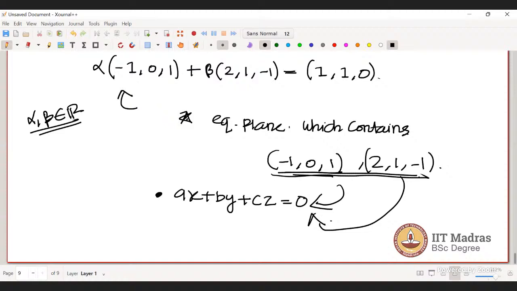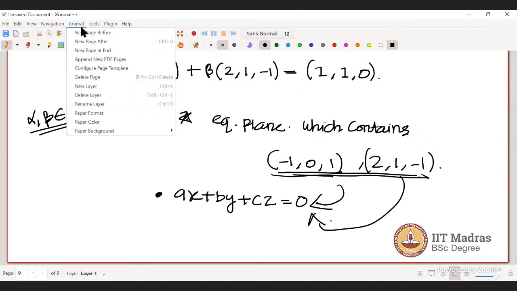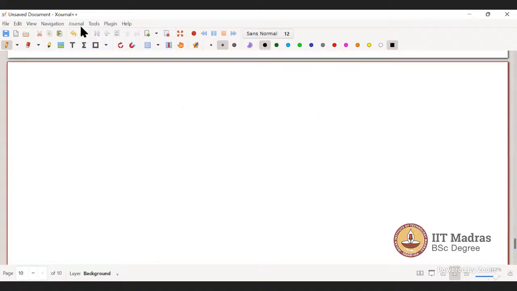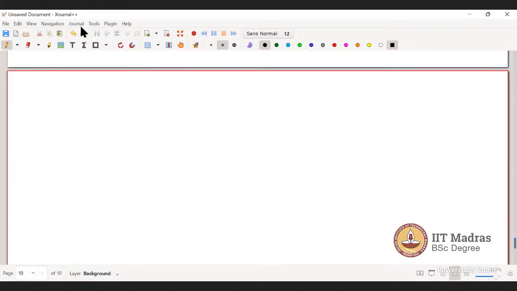Yes. Another way to find the equation of that plane is to find the normal vector n for that plane by taking the cross product of these two vectors. Then you take a general vector r, that is x i cap plus y j cap plus z k cap, and take the dot product of r with the normal vector you found.